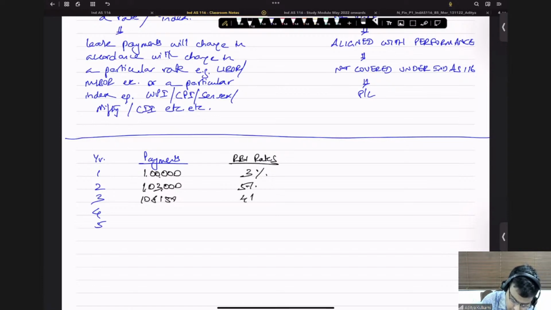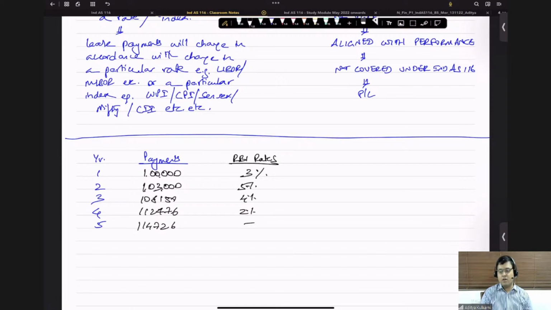Then say 4%, into 1.04, 1,12,476. Then 2%, into 1.02, 1,14,726. So this is how it looks.